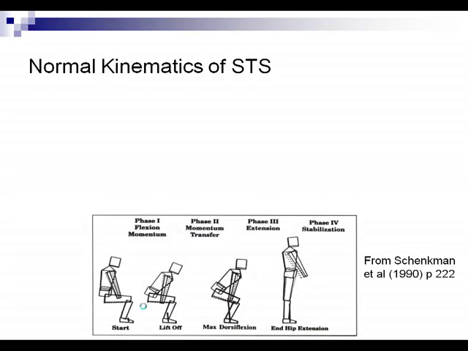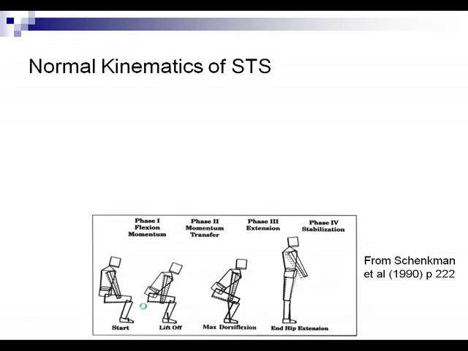And another model that you might read about, and certainly it's the required reading that we gave you, is that of Schenkman. So Schenkman's model is a little bit more detailed. He describes the activity according to 4 phases. And it can be quite difficult to identify these 4 discrete phases when you're looking at the movement with the naked eye.